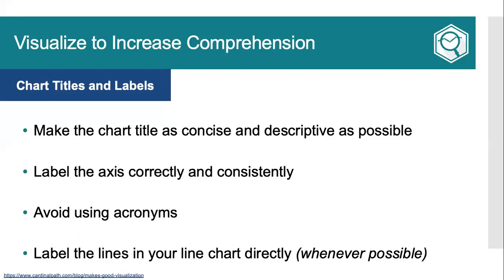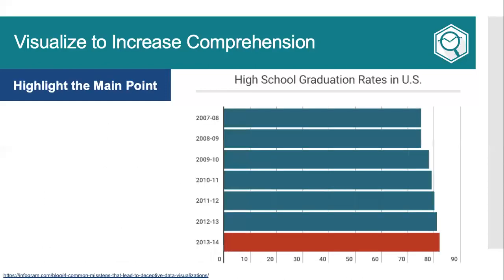Avoid using acronyms unless it's an acronym that's very widely known. And label your lines directly on the chart. So avoid using legends wherever possible, and sometimes it's not going to be possible. And then highlight the main point that you're trying to show.